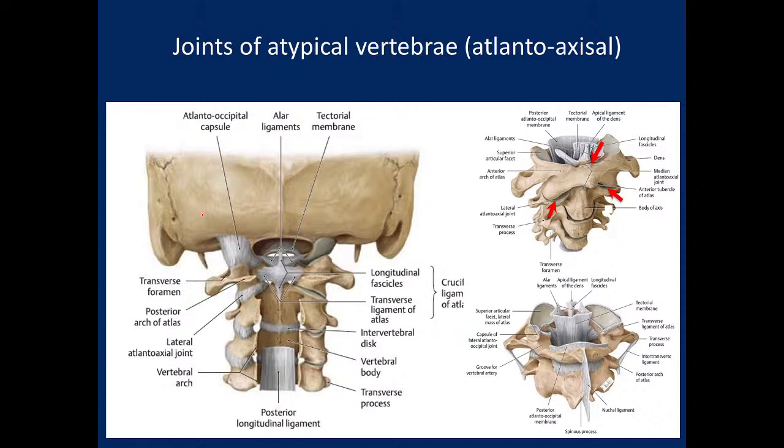Next are the joints between the atypical vertebrae, between atlas and axis. Here you see the three joints. I told you already about this.